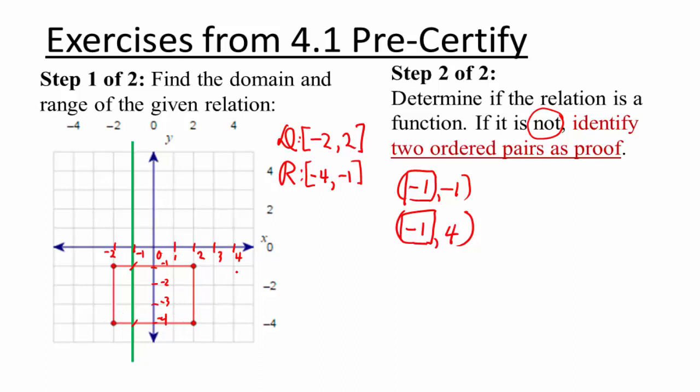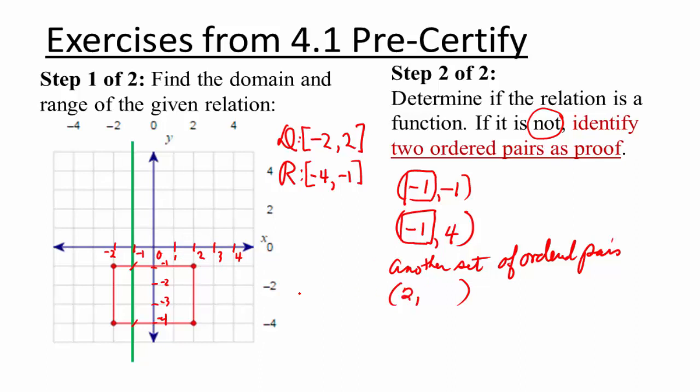You see? Now let's do another set of ordered pairs we can use, anywhere where you have the same x. Suppose we try the ordered pair where x is positive 2.